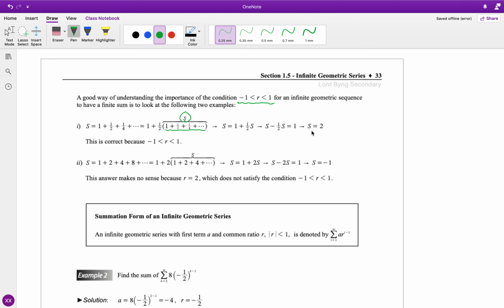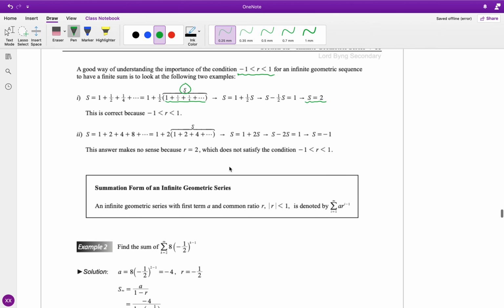And then in this case, the sum becomes 2. You can imagine that because these terms all added together are close to 1, and there's a 1 here. Of course 1 plus 1 equals 2. That makes sense.